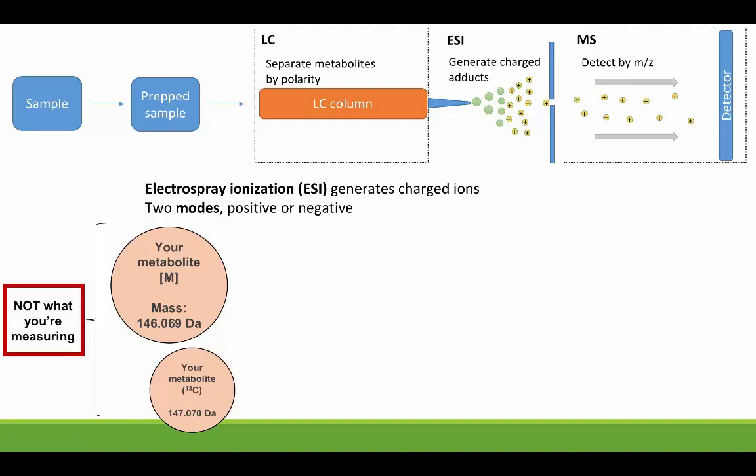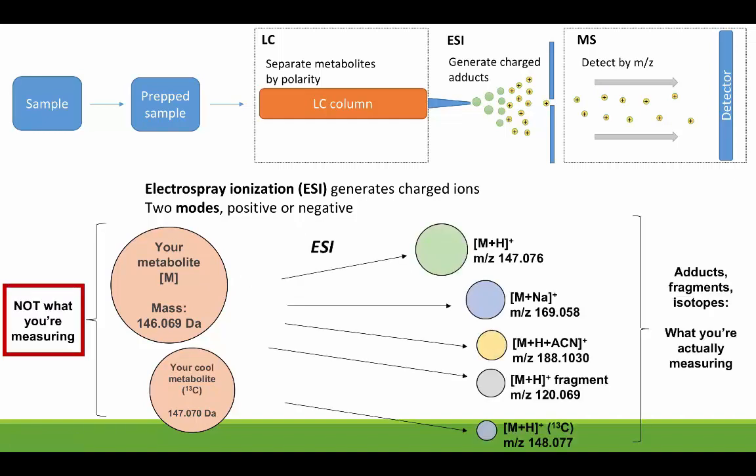These uncharged metabolites are not what you're going to be detecting. Instead, through electrospray ionization, these metabolites get converted to charged ions or adducts. So for example, you're not going to be detecting your metabolite, but you'll be detecting your metabolite plus a hydrogen or plus a sodium. And these are all charged.